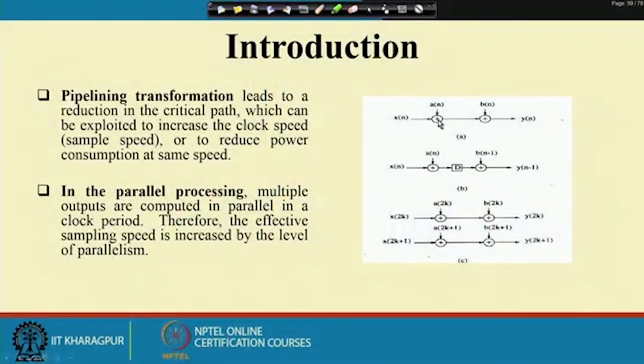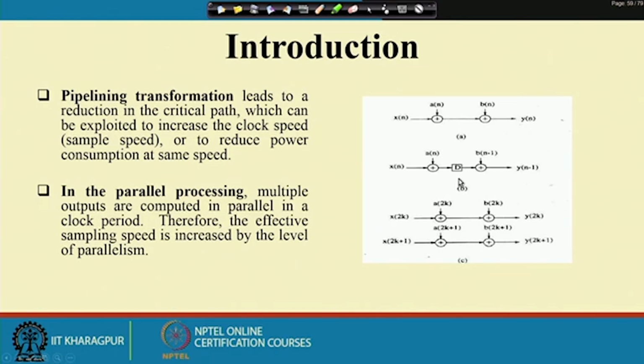Suppose the adder delay is 1 nanosecond. Initially the total delay was 2 nanoseconds, but now for this circuit it will become only 1 nanosecond. So if it is 500 megahertz sampling speed, here it will become 1 gigahertz.